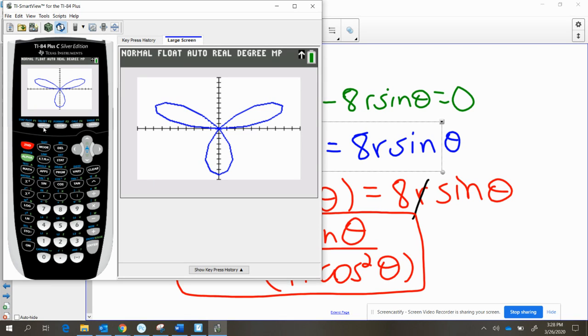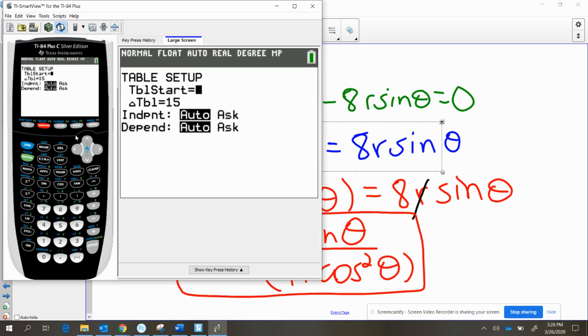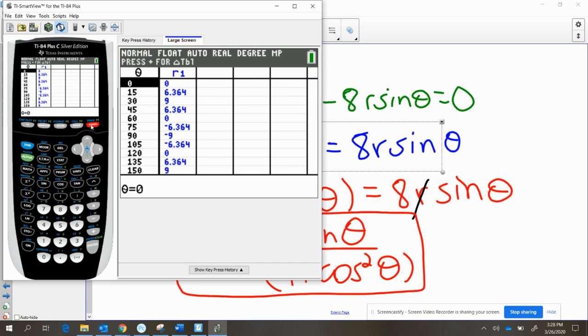Your table, hit second window to double check your table. You should start at 0, probably go up by 15s or 30s, so that when you look at the table, you can actually plot points more exactly for a better fit of your graphs.